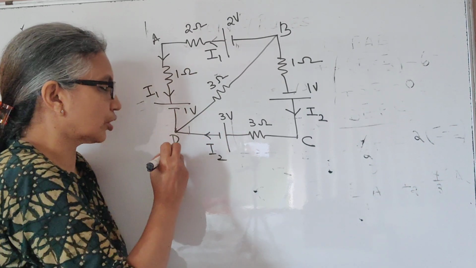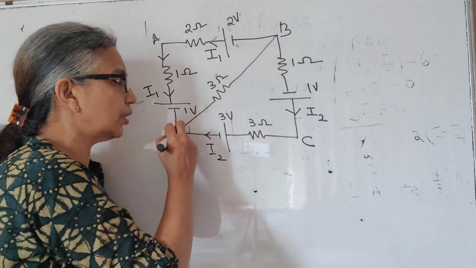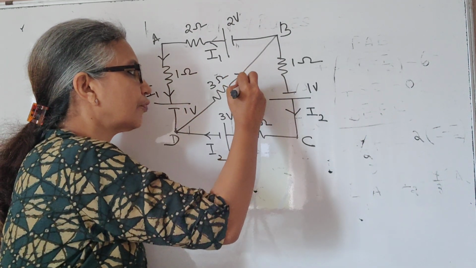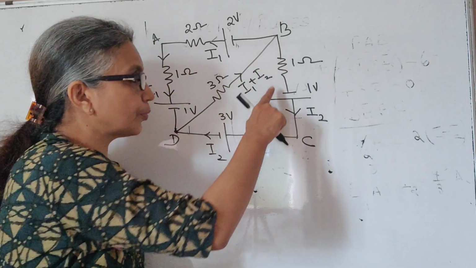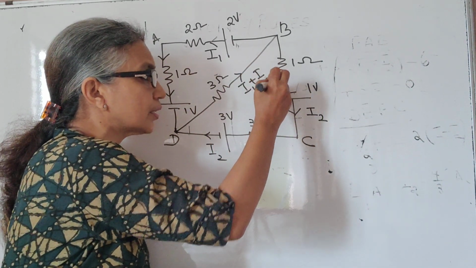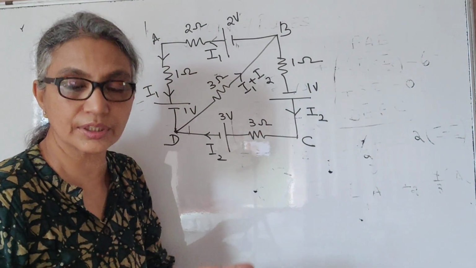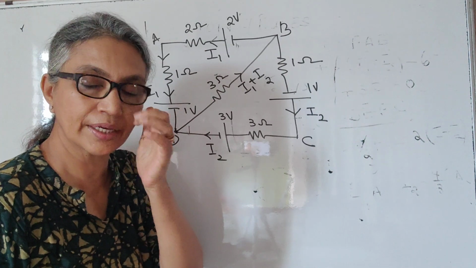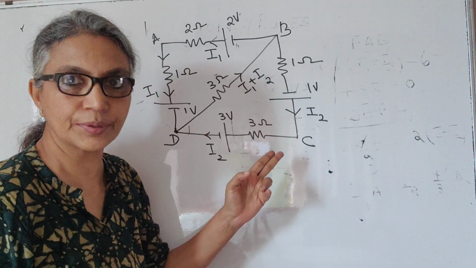And when it reaches this junction, current I1 is entering here and current I2 is entering here. I will take this as I1 plus I2. Now you can take this as I3, not a problem. But if you have 3 variables, then you will need 3 equations and have to solve them. It will take more time and it will be tedious. So always try to keep the number of variables to a minimum.